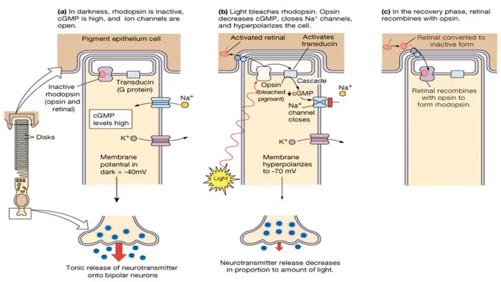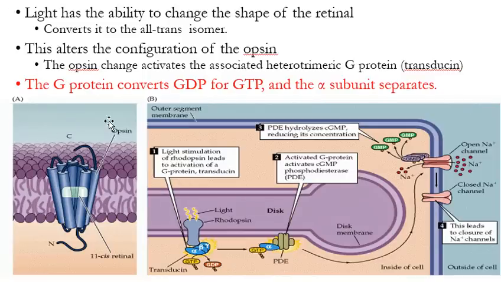The opsin change activates the associated G protein, and upon activation, the alpha component of the G protein works on the PDE. And once it works on the PDE, you have cGMP that is then hydrolyzed.